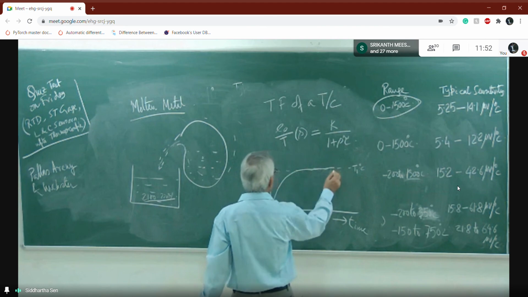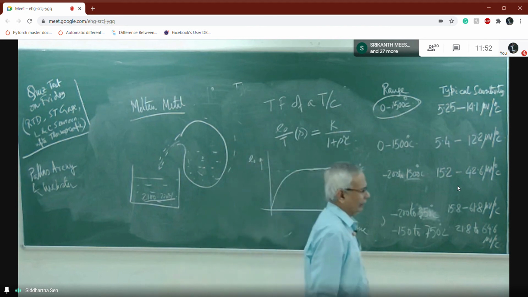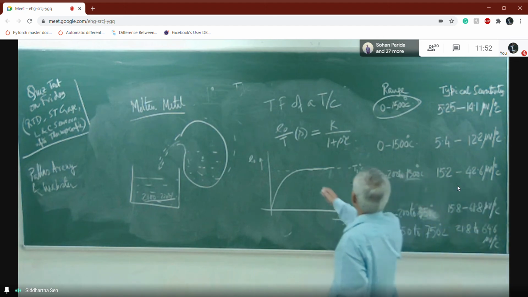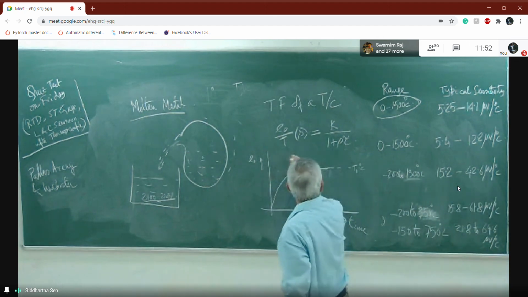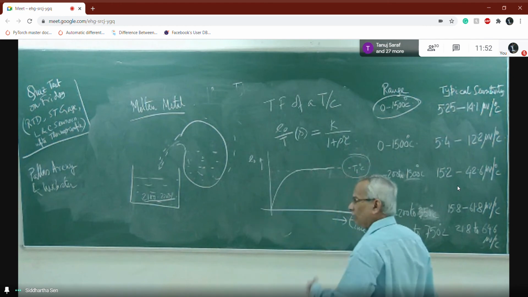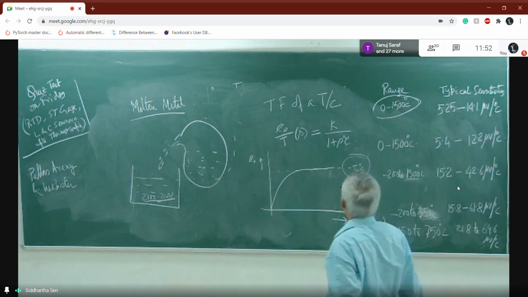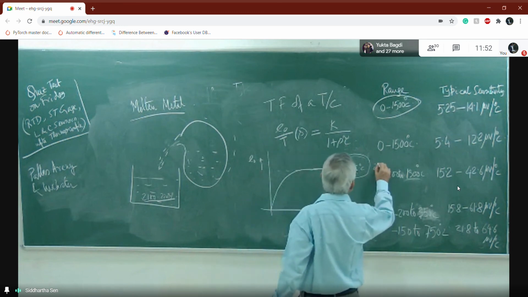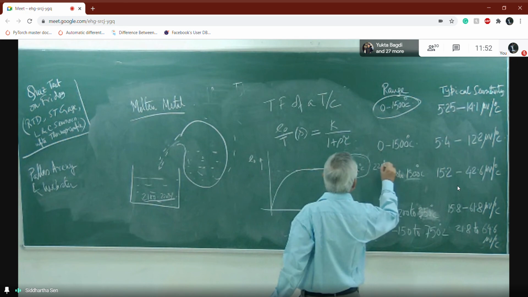I have inserted this and it would behave as a first order thermocouple. Okay. Am I correct? So at steady state we will get some voltage corresponding to a temperature, say T1. But say suppose it is 2200 degrees Celsius.